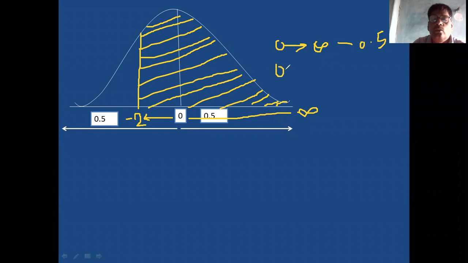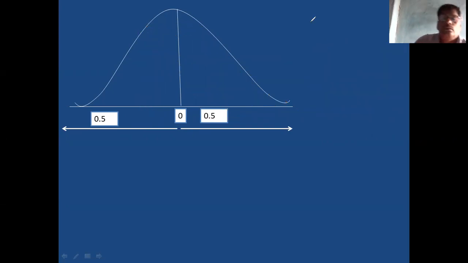And 0 to minus 2 value you see in the normal distribution table. Whatever answer comes, you write here and take the total. That is the probability. Okay, more than, less than.